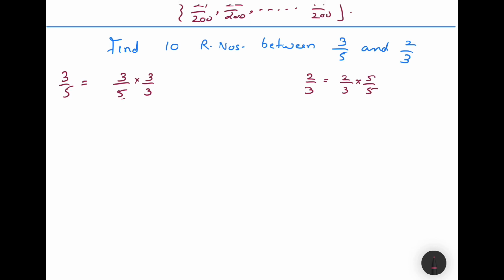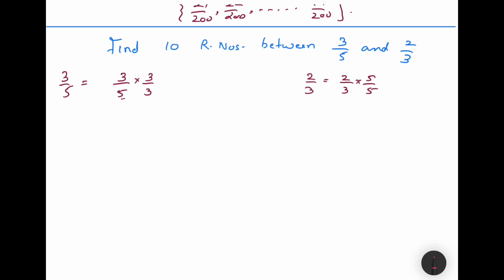So your denominator became 15. So it is 9 by 15 and 10 by 15. You will not get 10 rational numbers between that.